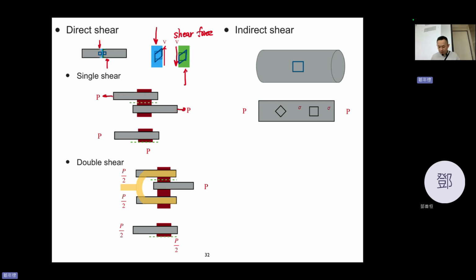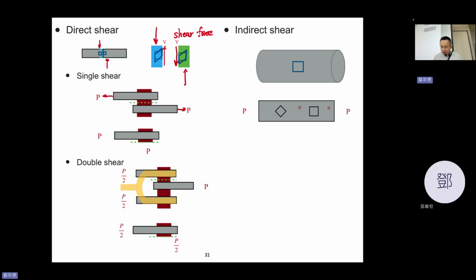Very similar. So single shear is that you have a brown material, force P to the left and force P to the right, and I want to see the average shear stress in that area.